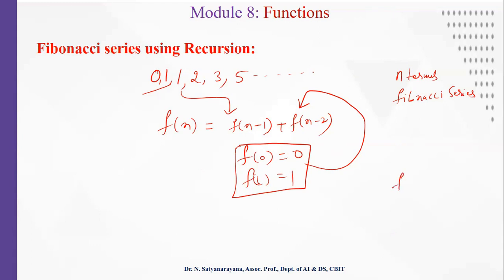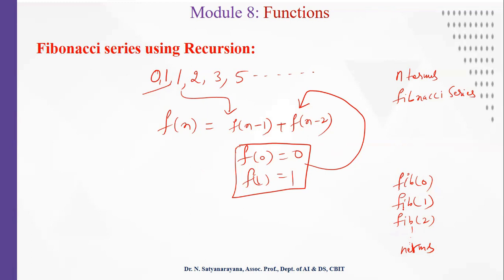So I need to make out what is the Fibonacci value of fib of 0, and what is the Fibonacci value of fib of 1, then fib of 2, and so on. If I want to print the n terms, I am supposed to call the fib function n times using the recursive approach, where each function will be calculating the value at the specified position in the given series.